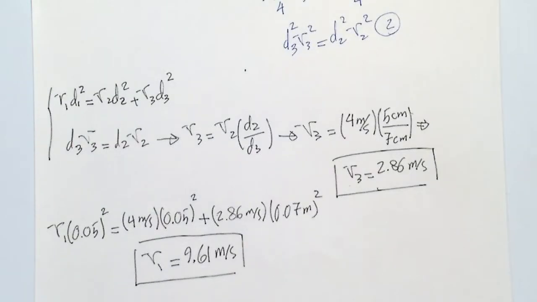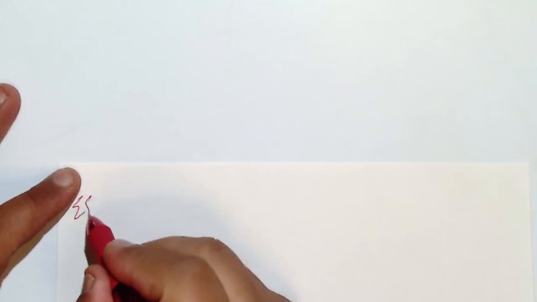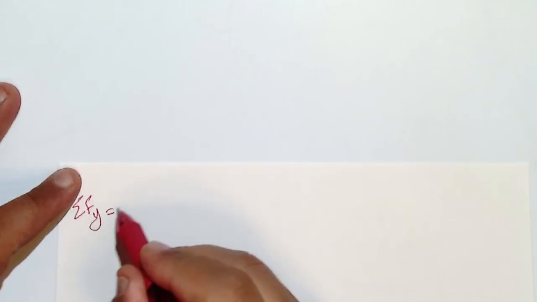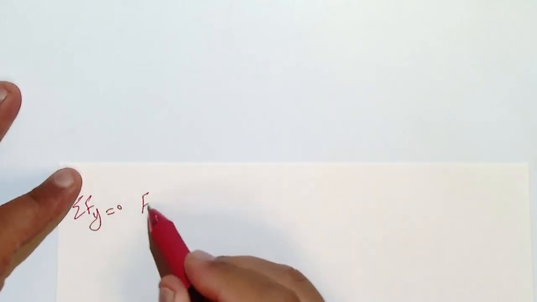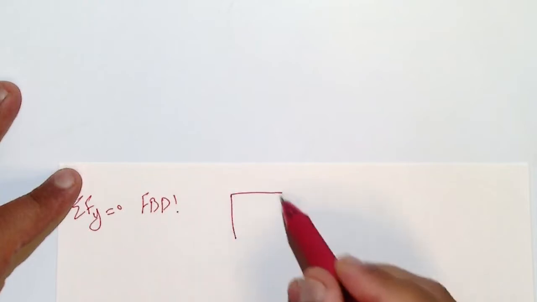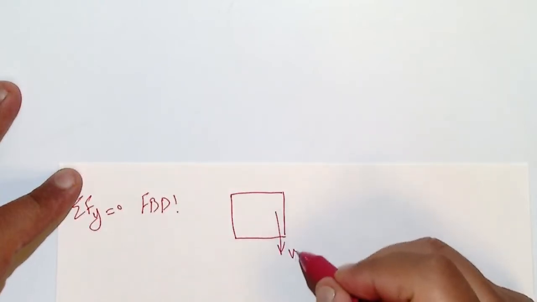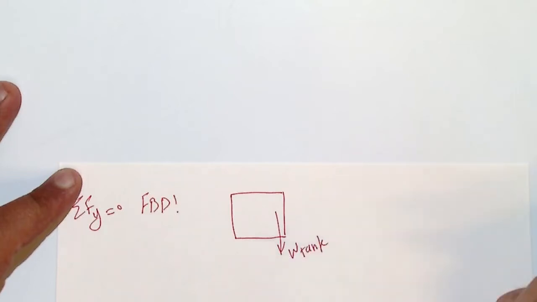So you have it. Now what's next? Next, you have to make sigma Fy equal to 0, and you need the force diagram, right? So what is the force diagram? If that's the tank, you have one weight, which is W of the tank, okay?